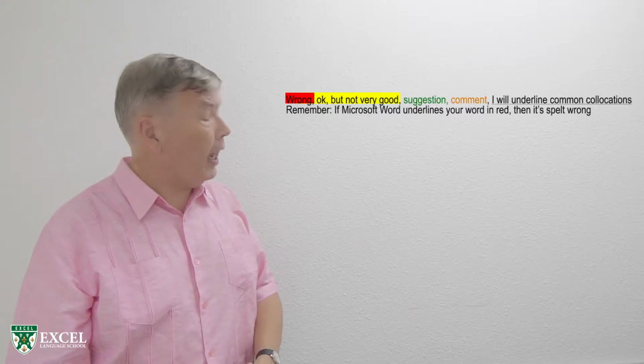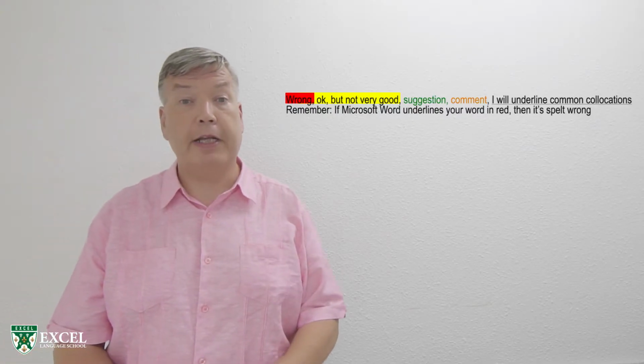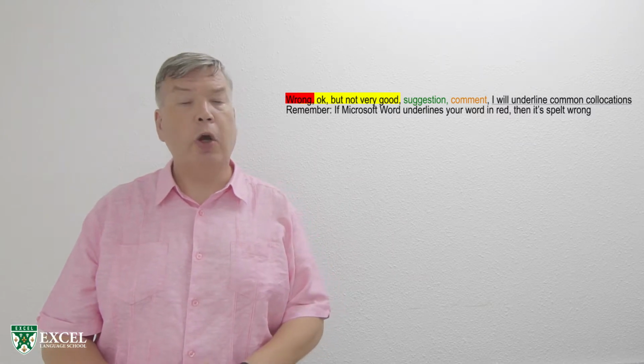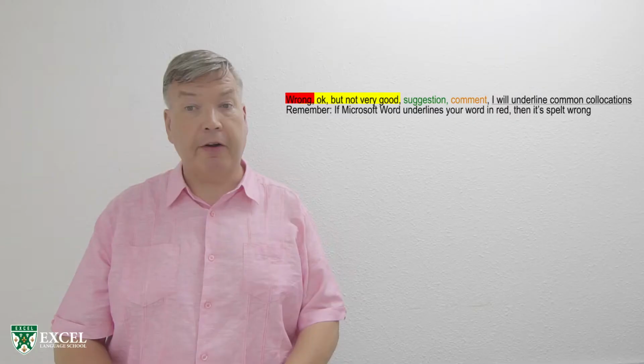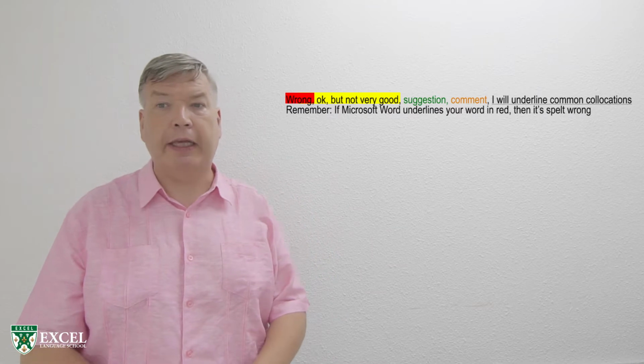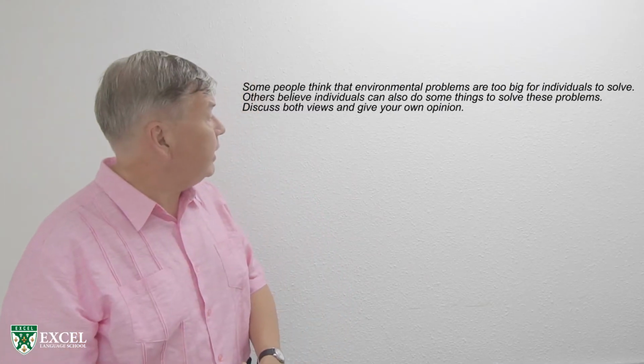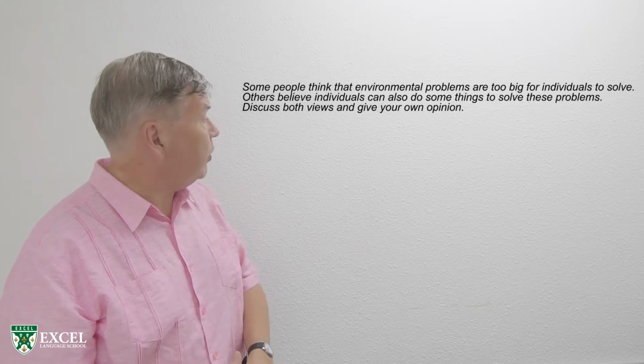On the right-hand side, there's a part that talks about underlining collocations, but there are no collocations in this essay, so you don't have to worry about that. And the second line talks about Microsoft Word picking up spelling errors, but in this case there are no spelling errors in this essay. So let's look at the test question that you have to write about.